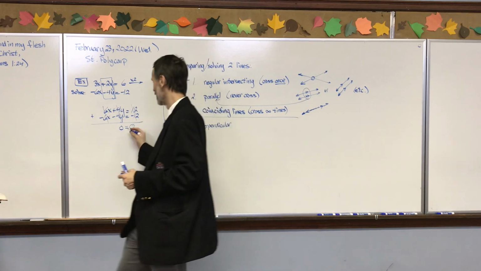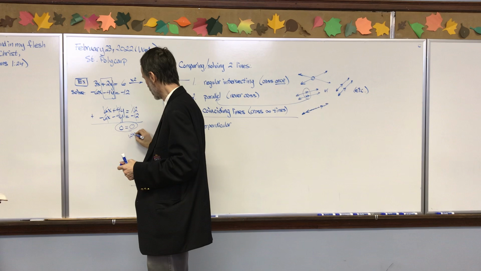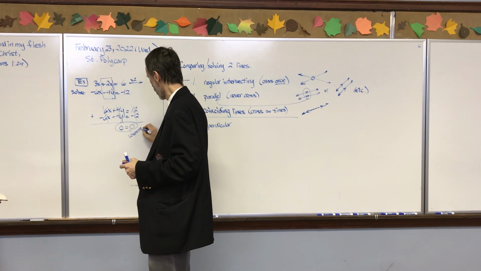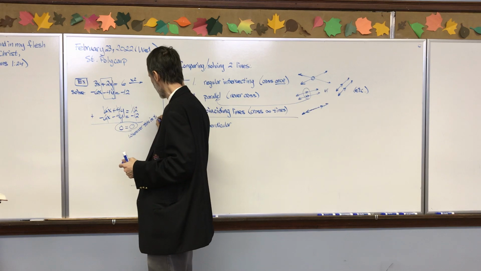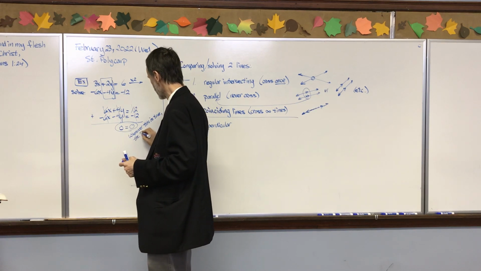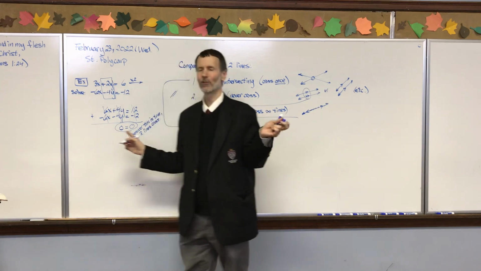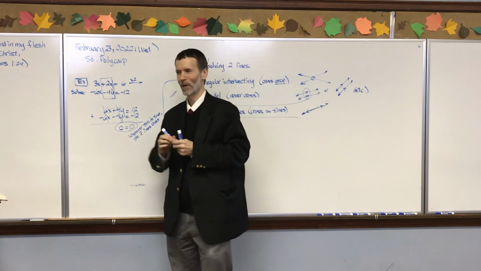But what does this mean? Whenever this is true, the two lines cross. That's going to be true in any solution ever, forever and ever, all the way up through calculus.